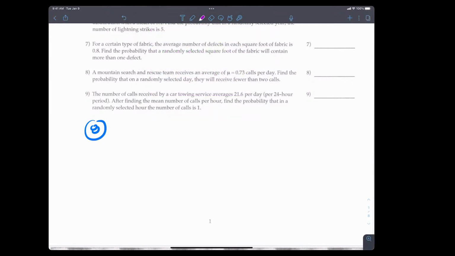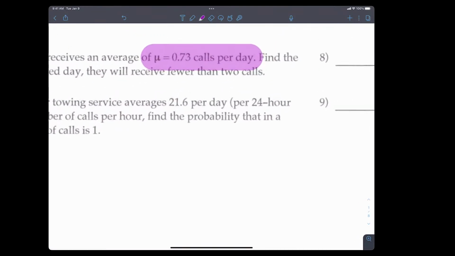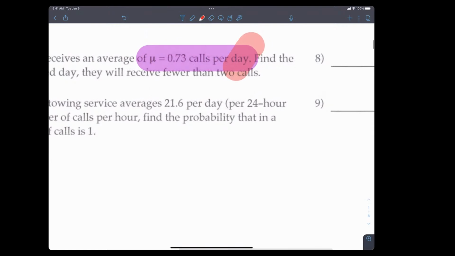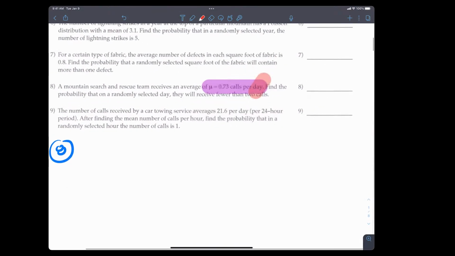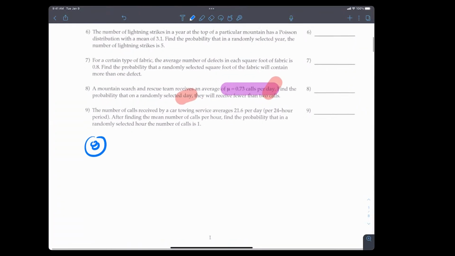All righty. So the mu here is 0.73. This is calls. Now the interval is a day, so that's going to be important. Find the probability that on a randomly selected day, same interval, they will receive fewer than 2 calls. So number 8 means X is the number of calls, and that's per day.